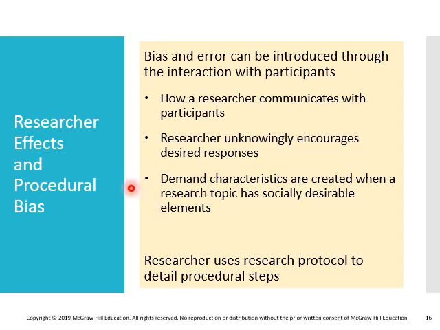Finally, we look at researchers' effect and procedural biases, and these conditions can be present in any of the designs we have talked about today. Biases can be introduced, error can be introduced because of the researchers' interactions or their presence. So for example, let's say we are doing a study on people's thoughts or perceptions about fast food and their ability to exercise.